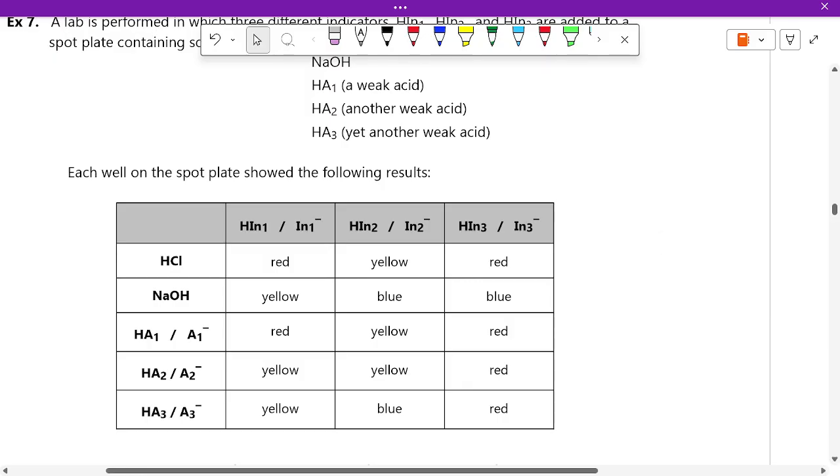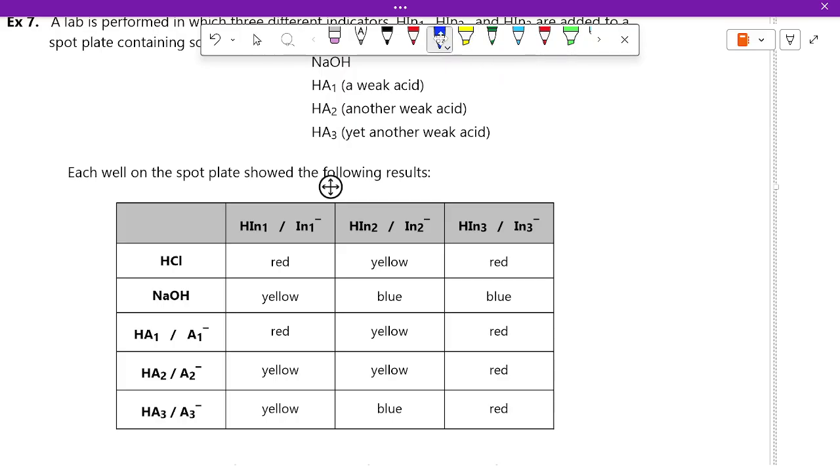You get a spot plate. Do you guys know what spot plates are? You literally get your little spot plates, and into the first one you put some indicator number 1, and you put some HCl. And you see what color indicator 1 turns. And it turns red.